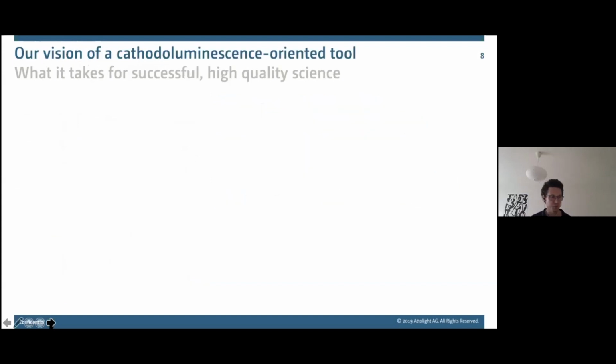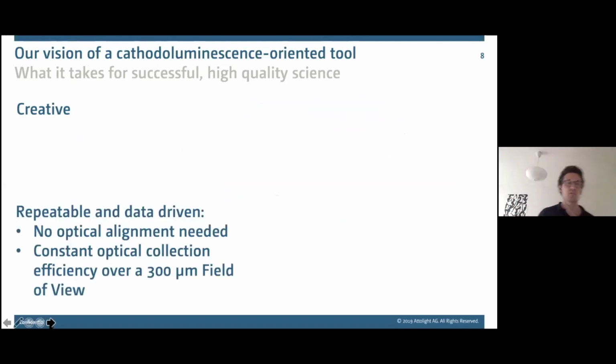Now this basically segues into our vision of what a cathodoluminescence spectroscopy-oriented tool should be, and what it takes for successful high-quality science. First and foremost, and this is nothing we can do anything about, is creativity, but I think this is really your job.